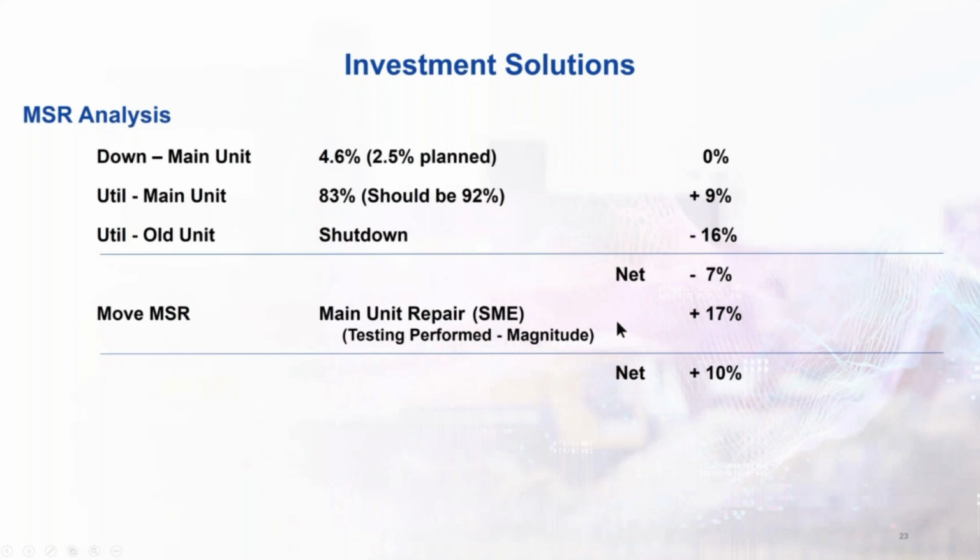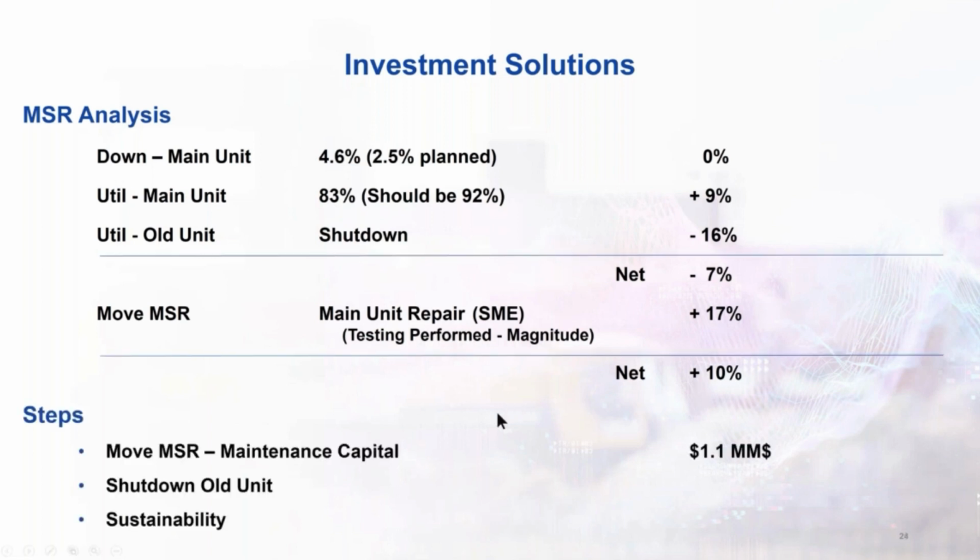So we put our heart on the line and say you're going to get 17% capacity if you fix that. And overall, if you fix this issue and shut down the old unit, so you pick up the utilization of the main unit, we're going to end up with 10% more capacity.